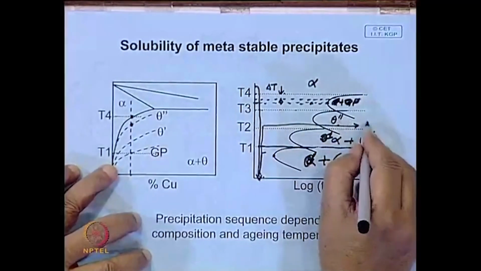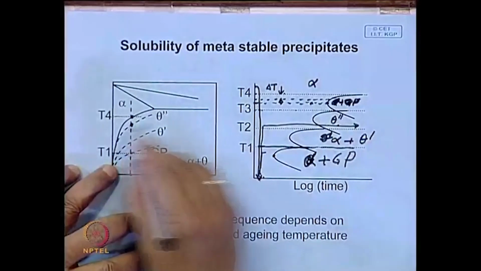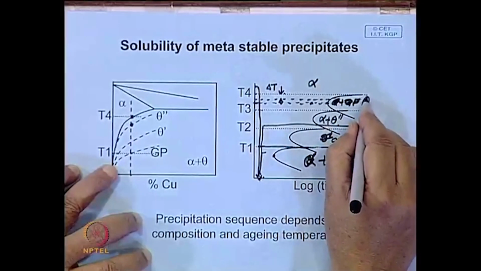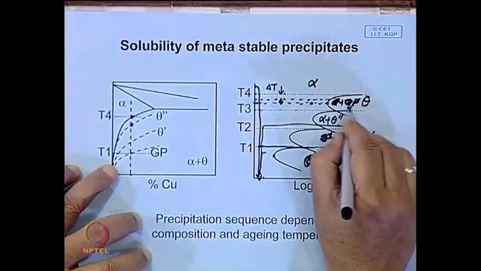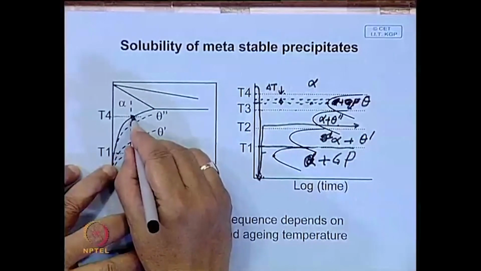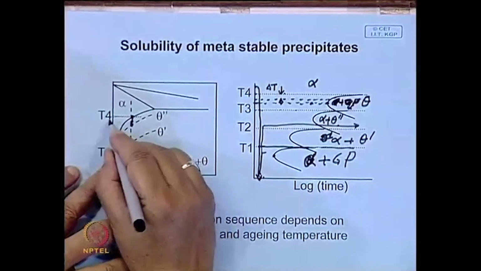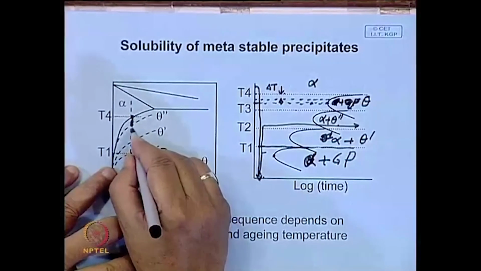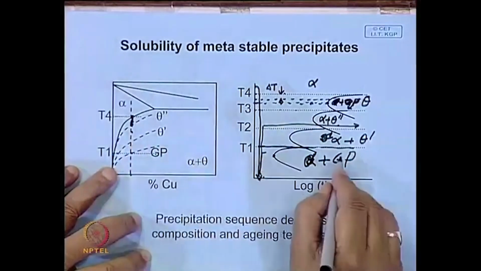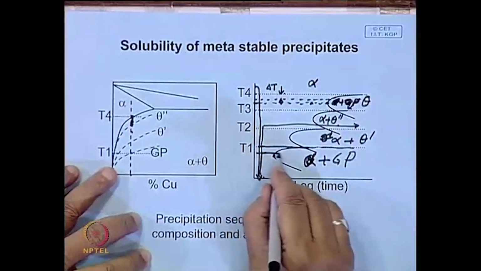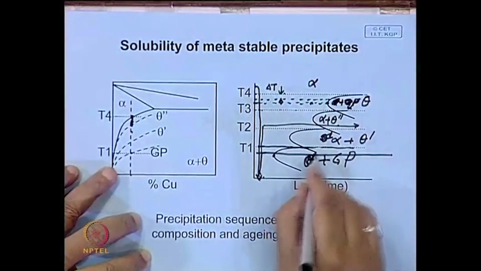Next is alpha plus theta, this is theta here, because if you are aging here, the only precipitate which can form is theta. If you come down, then only theta double prime will form. So, if you are aging somewhere here, what happens?